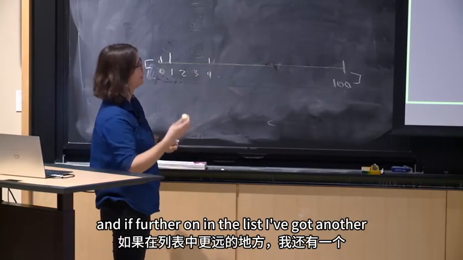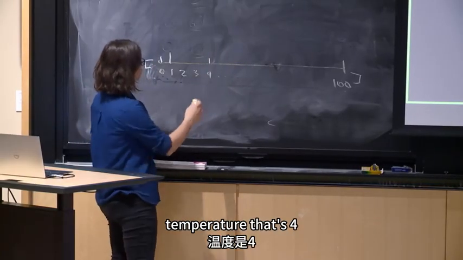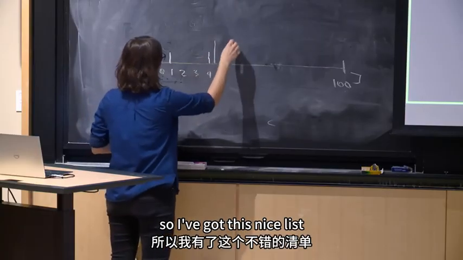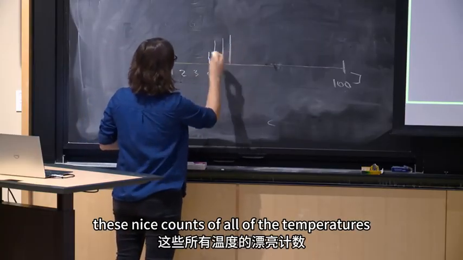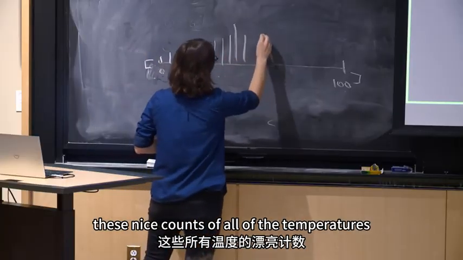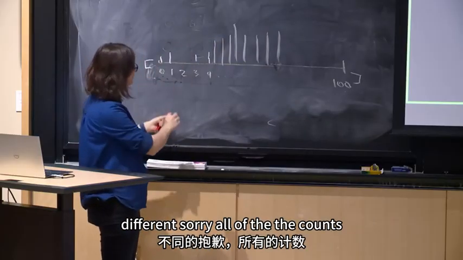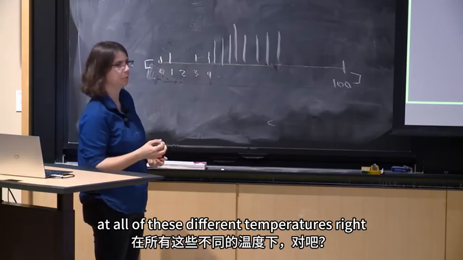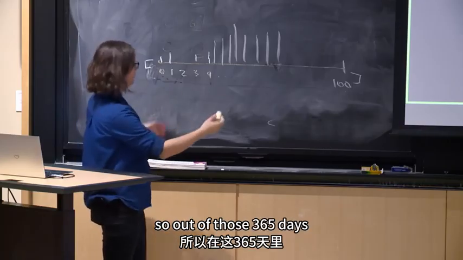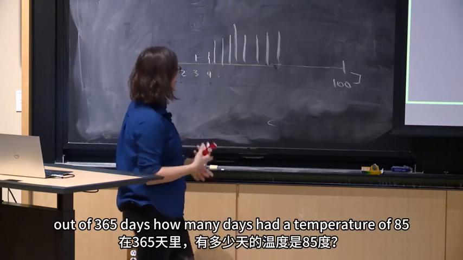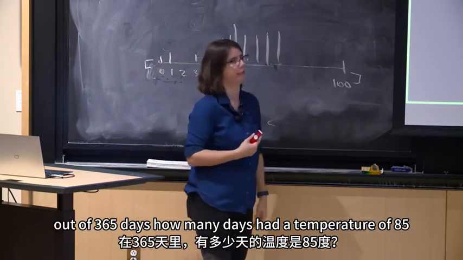And if further on in the list, I've got another temperature that's 4, at index 4, I'm going to increment it again. So I've got this nice list of the counts at all of these different temperatures, right? Out of those 365 days, how many days had a temperature of 4? Out of 365 days, how many days had a temperature of 85?